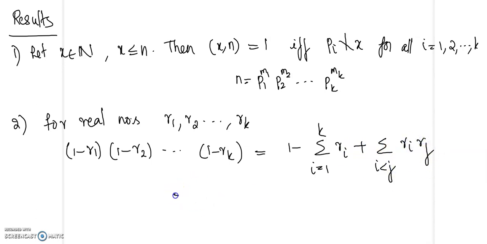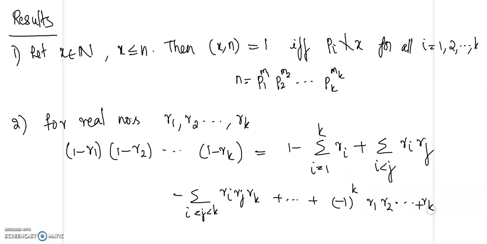The next term will be minus the summation over i less than j less than k of ri rj rk, plus etc. The last term will be minus 1 raised to k, r1 r2 etc. rk. So this is the expansion of (1 minus r1)(1 minus r2)...(1 minus rk).